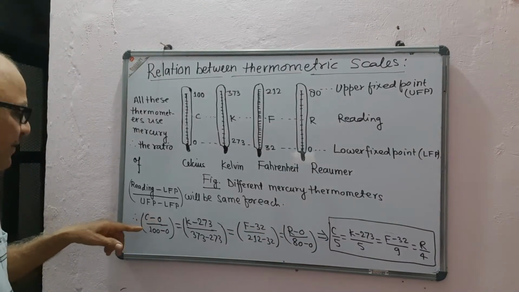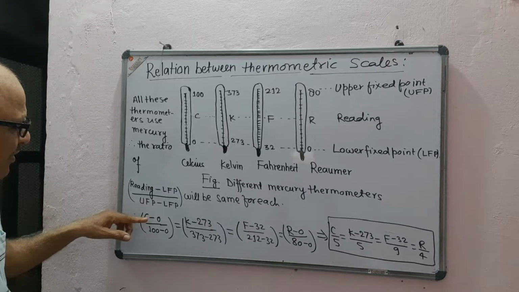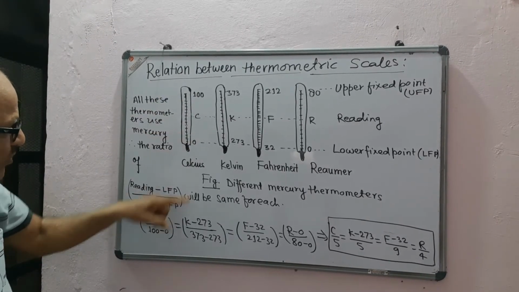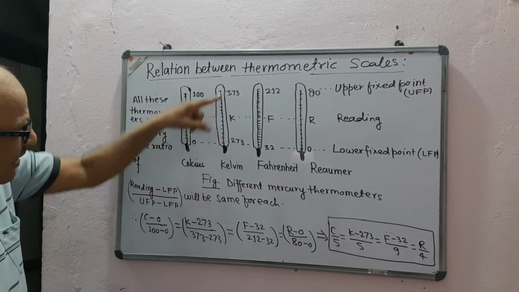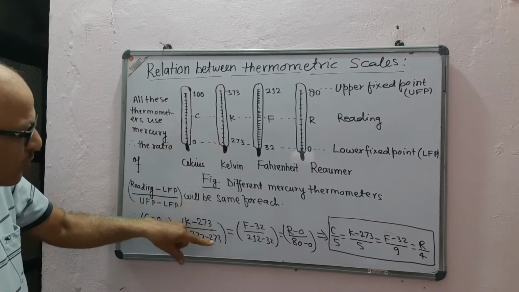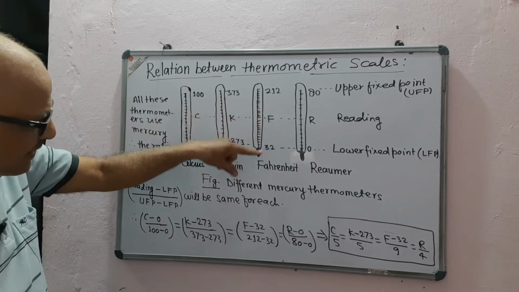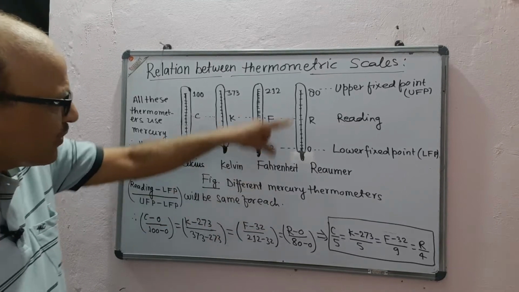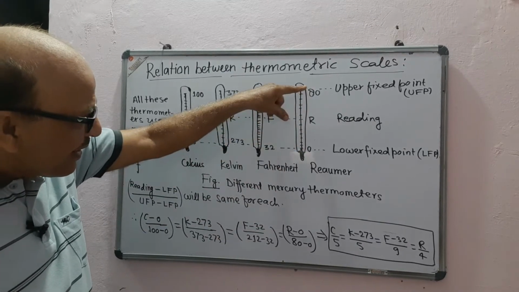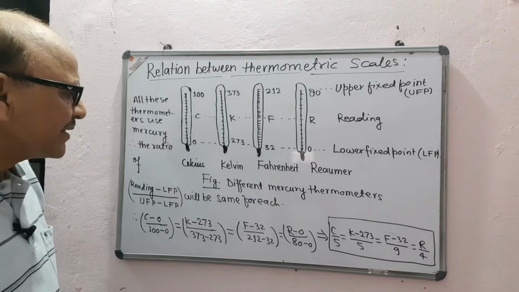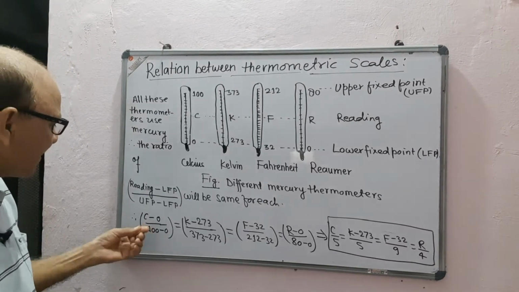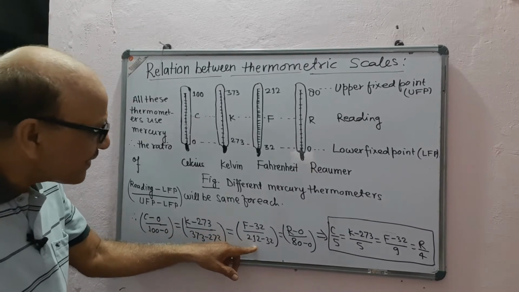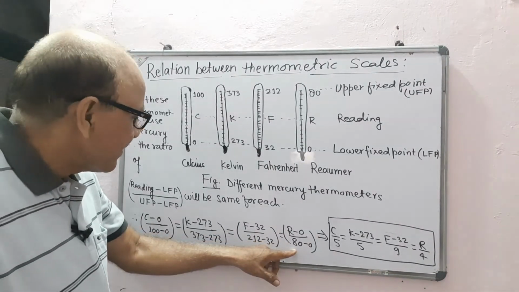Which is shown here. Reading C minus 0 upon 100 minus 0 is equal to K minus 273 upon 373 minus 273 is equal to F minus 32 upon 212 minus 32 is equal to R minus 0 upon 80 minus 0. Now on simplifying, this is 100, this is 100, this is 180, and this is 80.